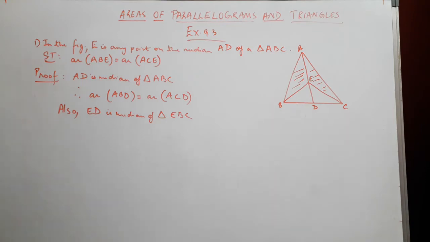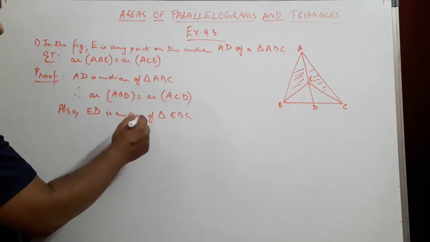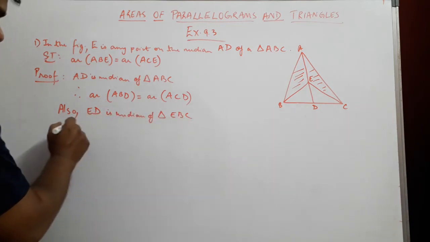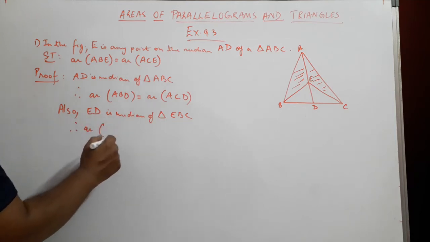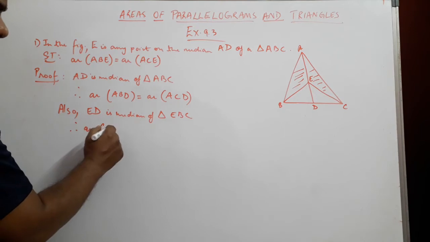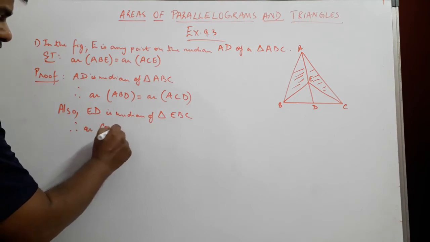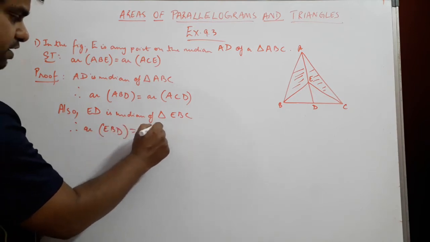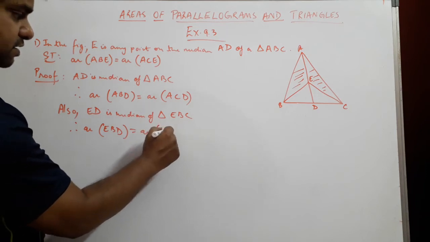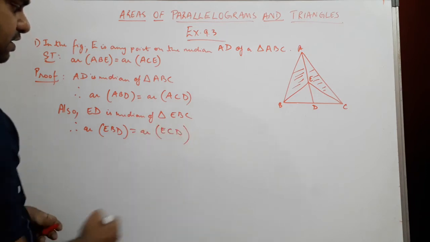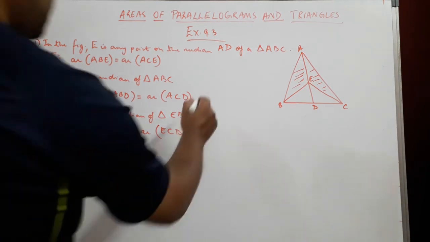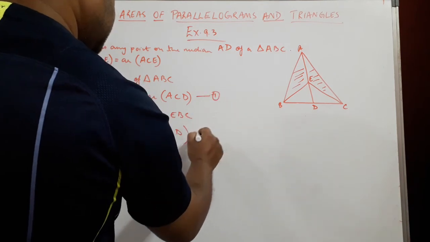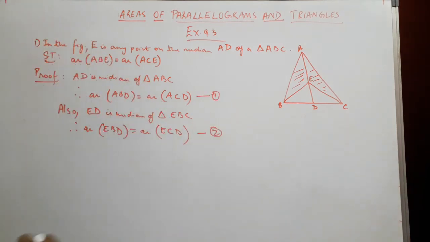Since ED is a median of triangle EBC, we can say therefore area of triangle EBD is equal to area of triangle ECD. We'll mark this as 1 and this as 2.